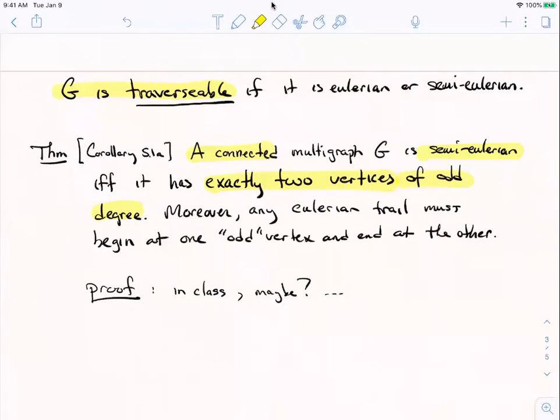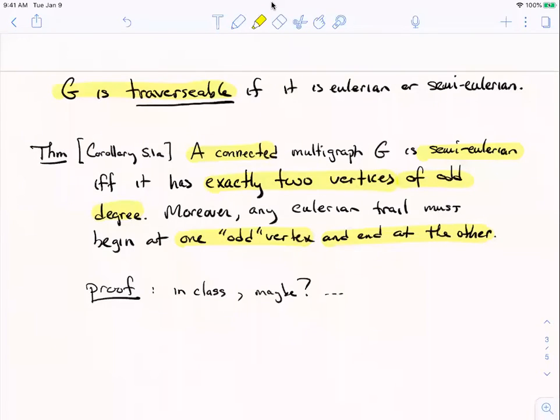So you have to have exactly two vertices of odd degree, and then you can find yourself an Eulerian trail. Conversely, if you can find an Eulerian trail, you must have a connected graph in which all of the vertices have even degree except for two of them. Moreover, in that case, any Eulerian trail starts at one of the vertices with odd degree and has to end at the other.